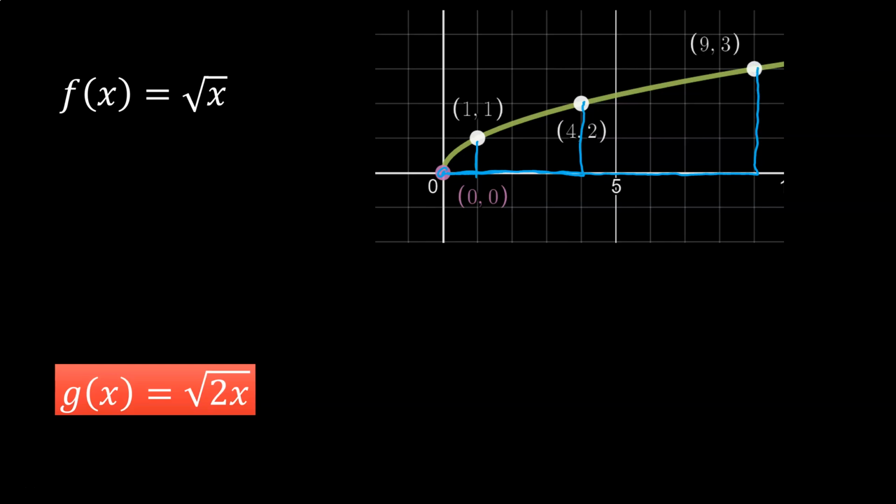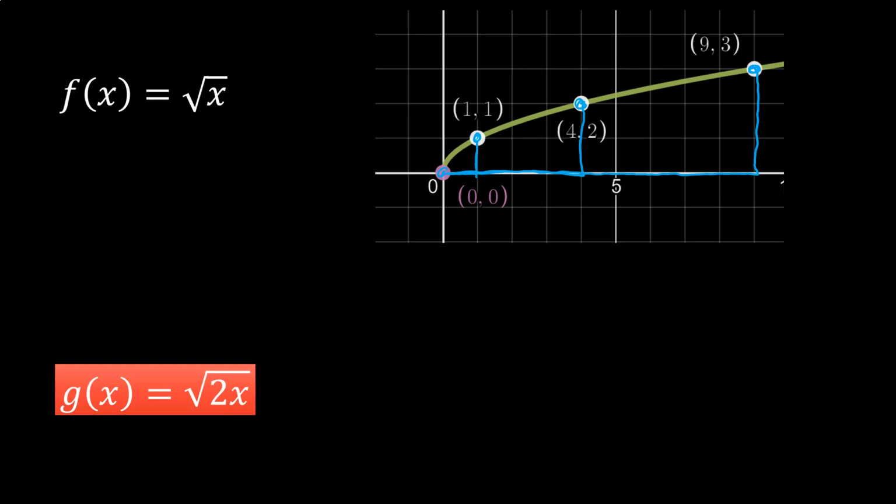And there is nothing on the left because when you take square root of a negative number, you're not going to get a real answer. And we know from previous lessons that the domain of square root of x is anything greater than or equal to 0, right? So here is your parent graph of square root of x.